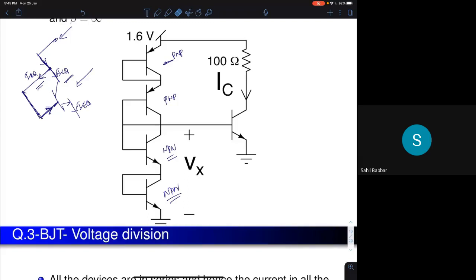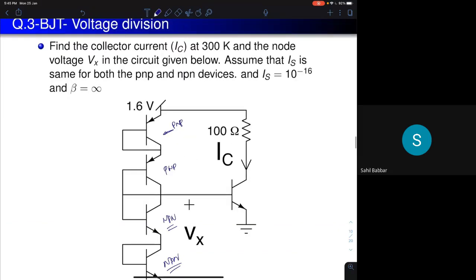Okay, so now you are given 4 transistors like this, and it's given that beta is infinity for all the devices, and for all the devices assume reverse saturation current is 10 power minus 16 amperes. Whenever you short circuit a BJT, I just told you, that becomes a diode.